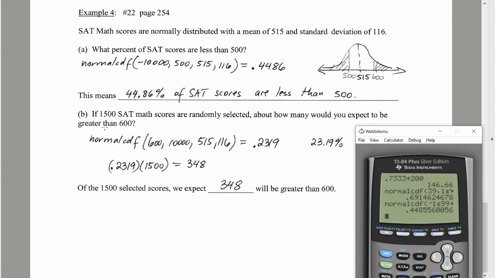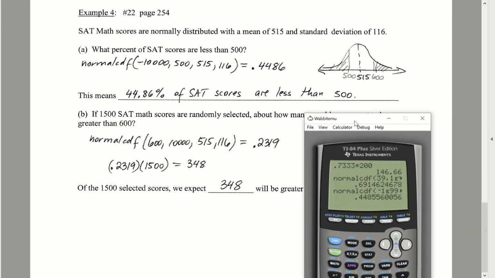In the last part, they say that if 1,500 SAT math scores are randomly selected, how many of them would we expect to be greater than 600? So what we're looking for this time is an actual number, a number of these test scores that we would expect to be greater than 600.